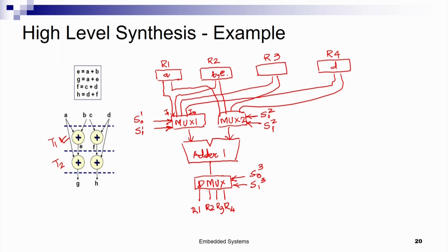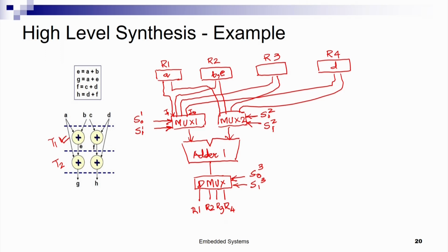Why? Because this data B is no longer required after time step 1. However, the data input A is required again at time step 2. So, there is no problem if B is overwritten by E at the end of time step 1.